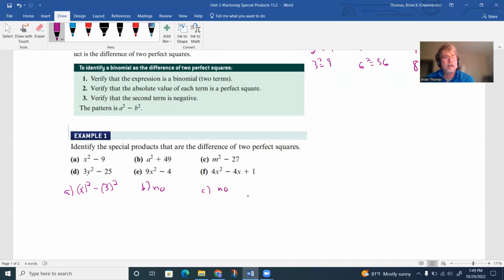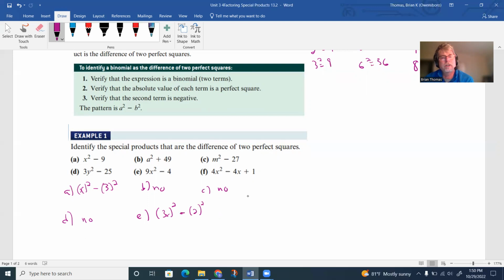If I look at D, the 3y squared is not a perfect square because that 3 is not. It would have to be like a 9 or something. So D is not, because that first term crashes. If I look at E, notice that 3x squared does give me 9x squared, and 2 squared does give me 4.